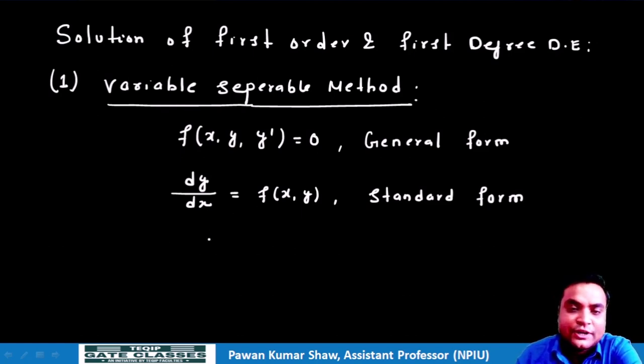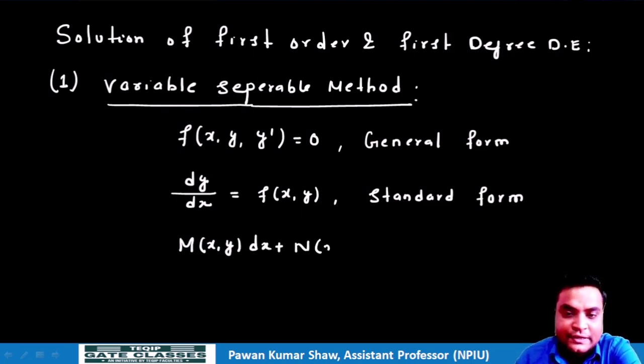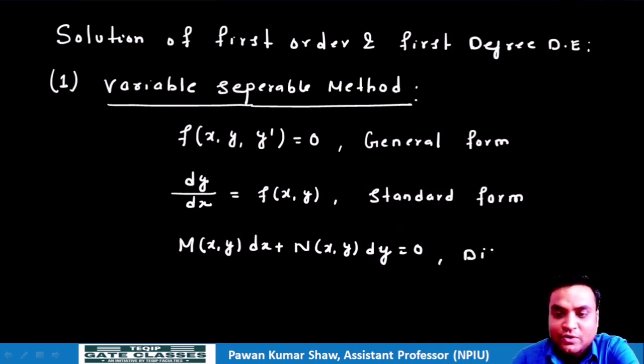Another way to write the differential equation is in differential form, that is some coefficient of the dx term and some coefficient of the dy term. So we can write M of x, y dx plus N of x, y dy. That means we can write it in differential form. This is our differential form of first order and first degree differential equation.